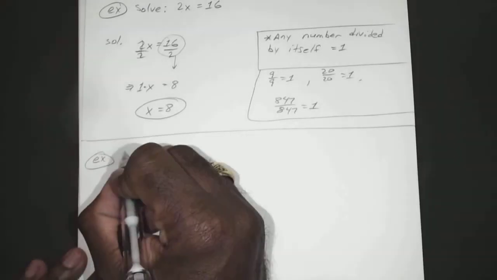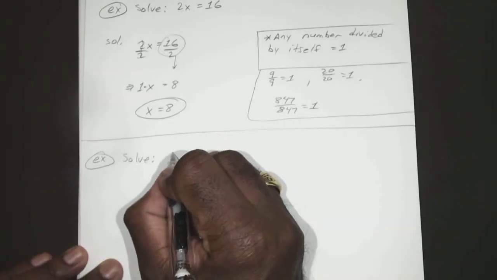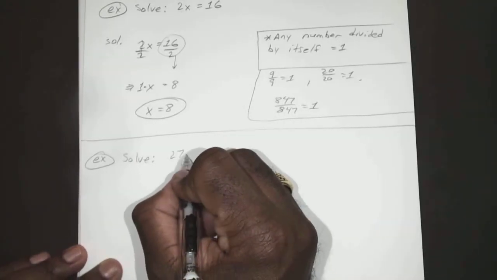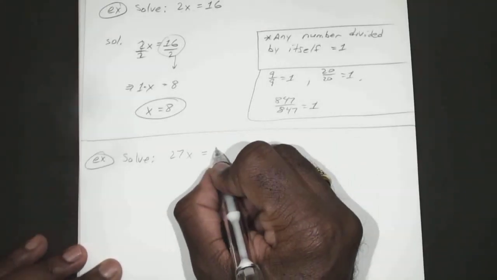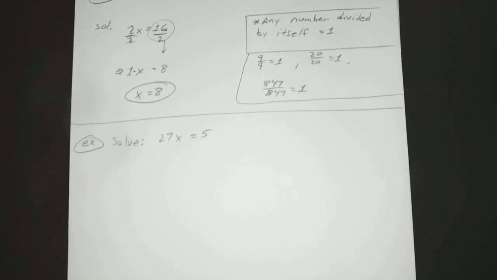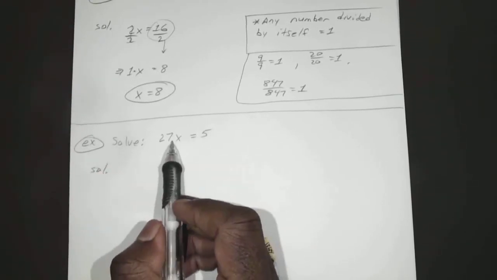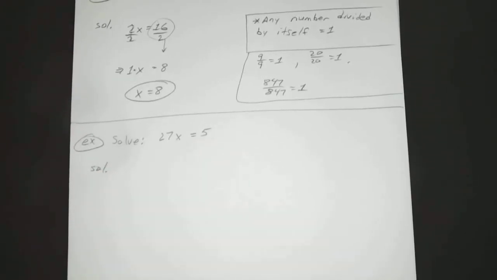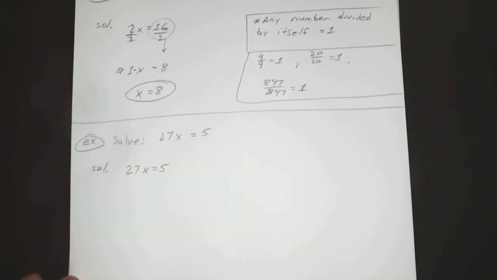Let's say if we have to solve 27 times x equals 5. Okay, so whatever the coefficient is, that's what you're going to divide. 27 times x equals 5.